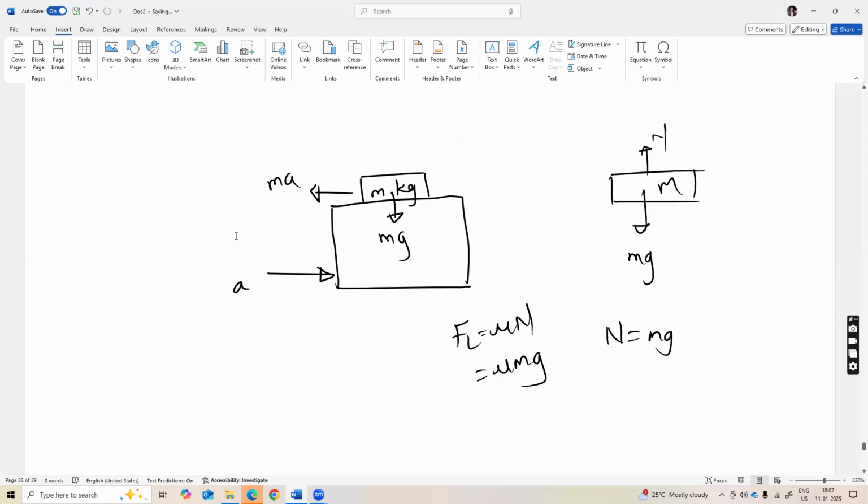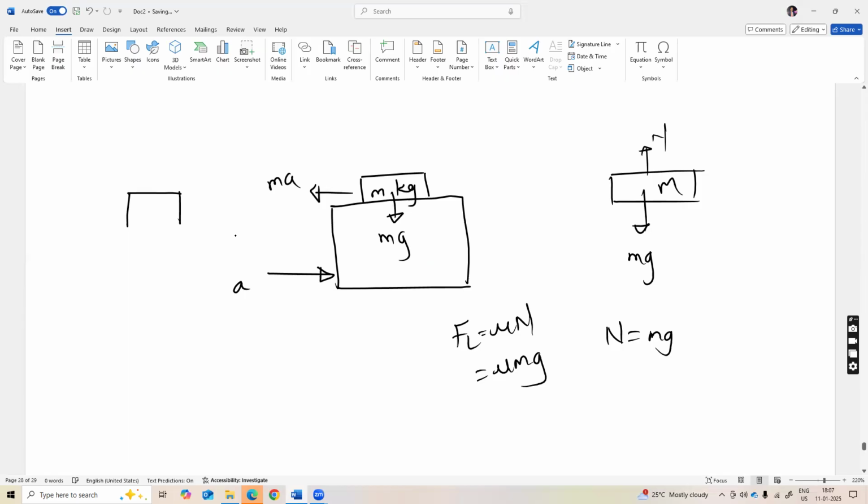Sir, where will friction act? See, friction will act here. If this is the object, and the ground is there, the bottom one is moving, and because the bottom one is moving, the top one is also moving.